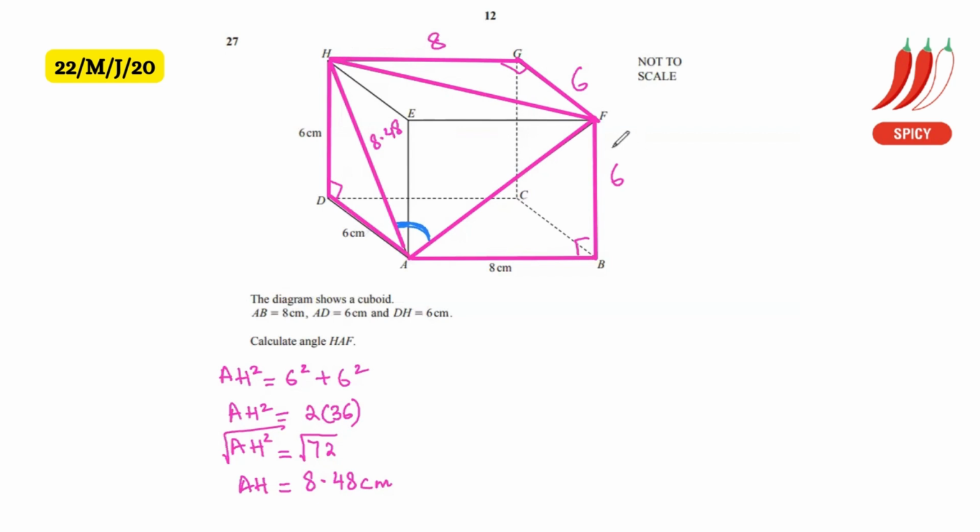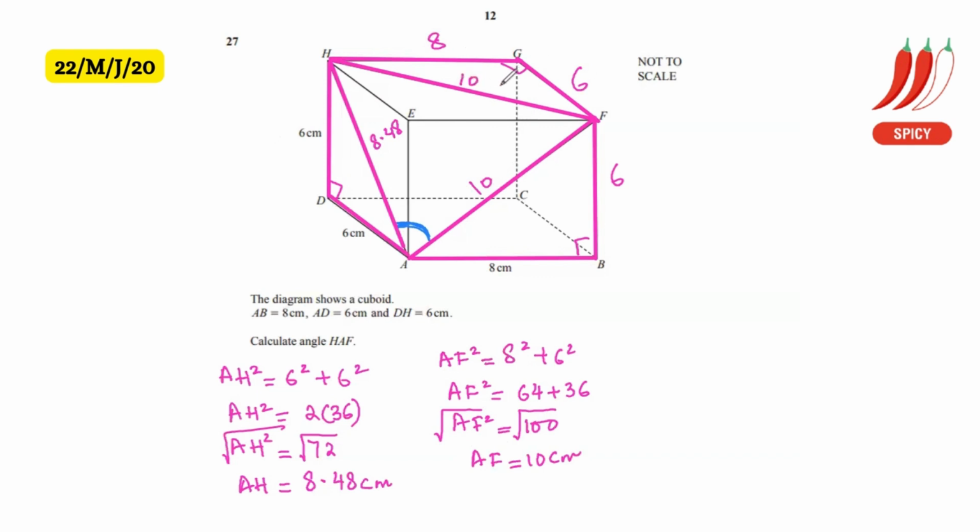Now for this one, AF squared equals 8 squared plus 6 squared, which is 64 plus 36, 100. Square root that, and AF is 10 centimeters. Since this is also 8 and 6, this is also going to be 10.